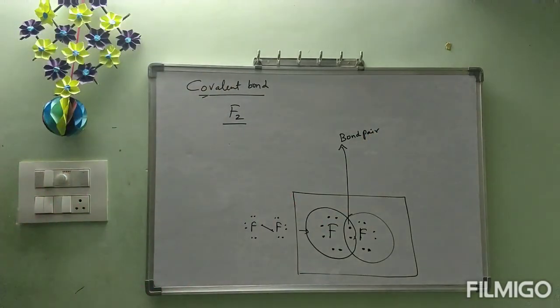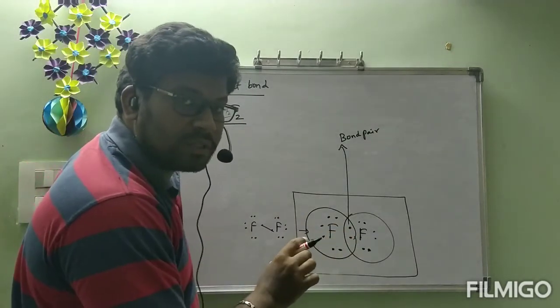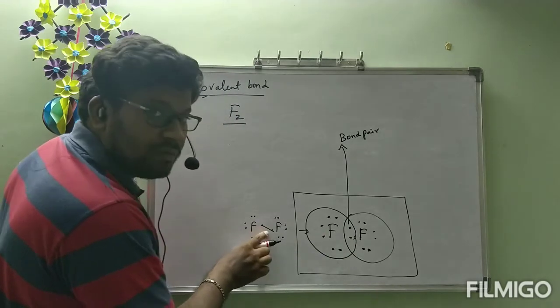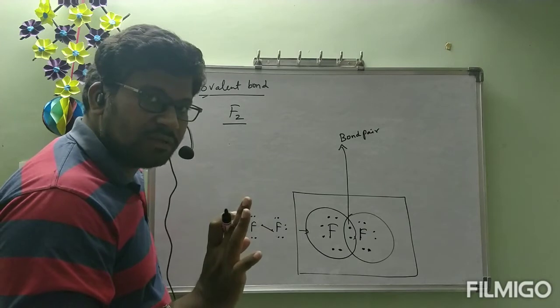The electron pair which is in bond is called bond pair. These two electrons are only involved in bond.